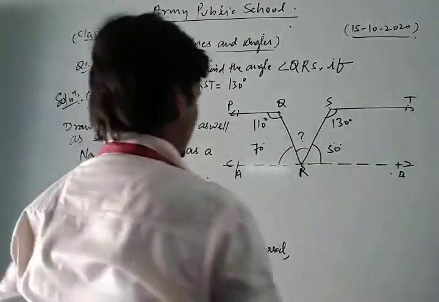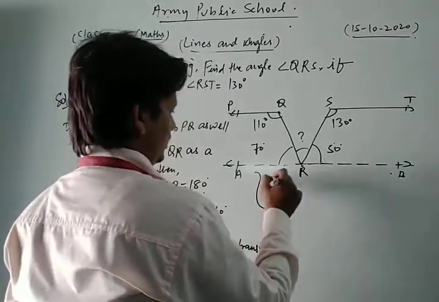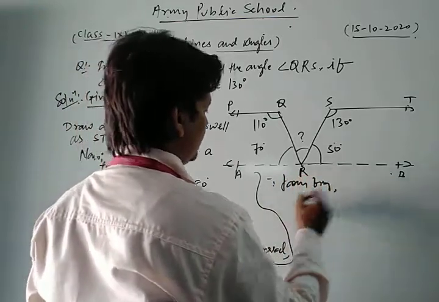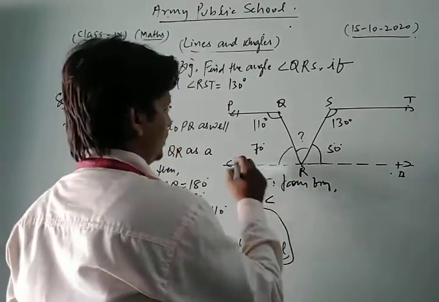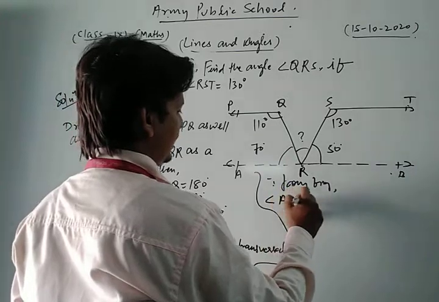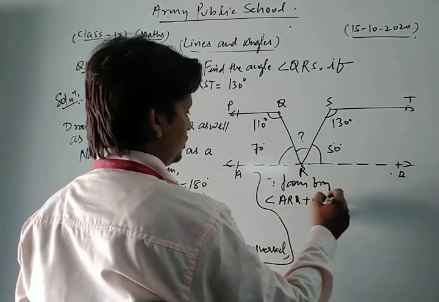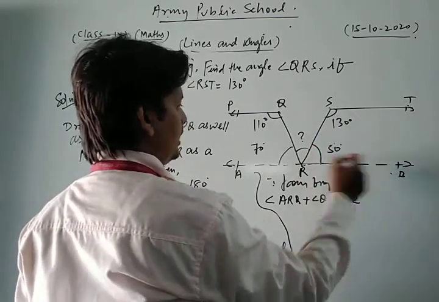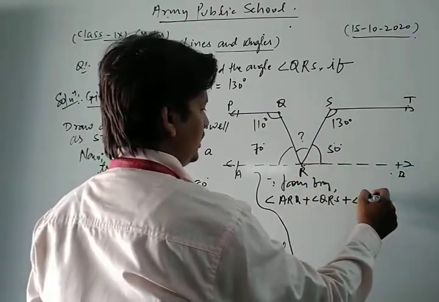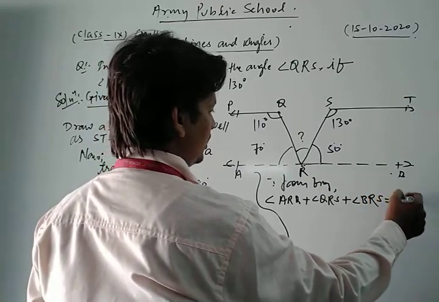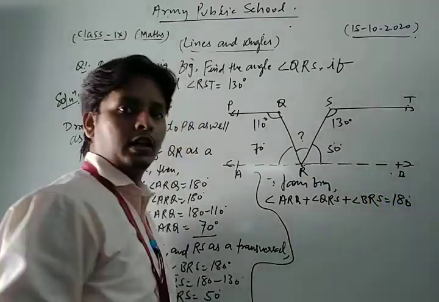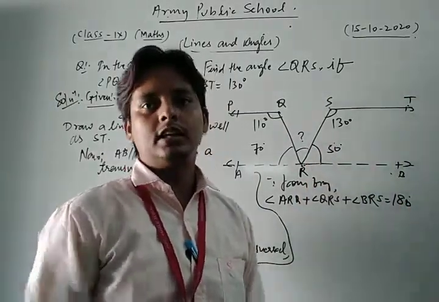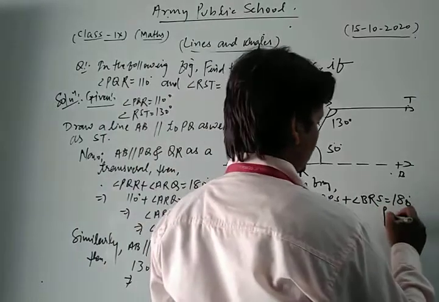Since, from the figure, angle ARQ plus angle QRS, which we have to find, plus angle BRS is equal to 180 degrees, because all lie on the straight line, by the angles on a straight line.